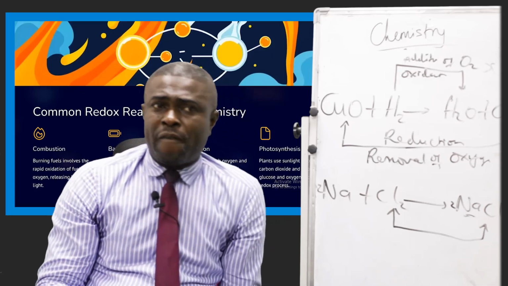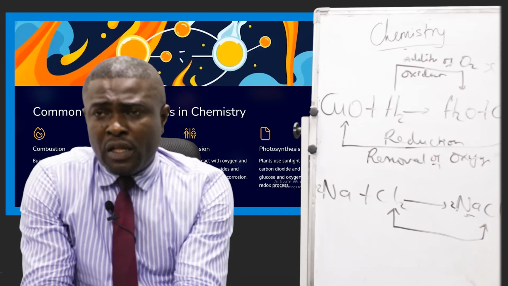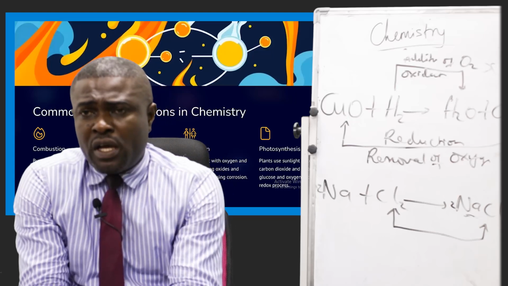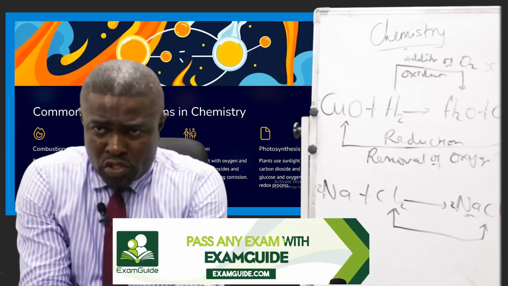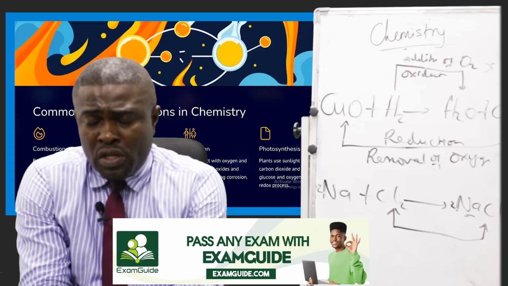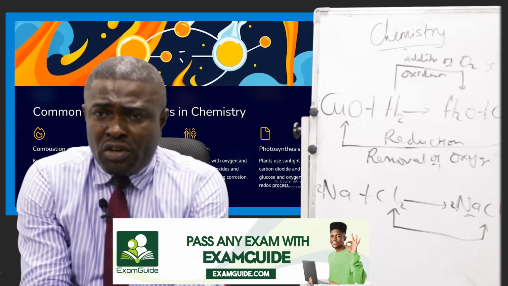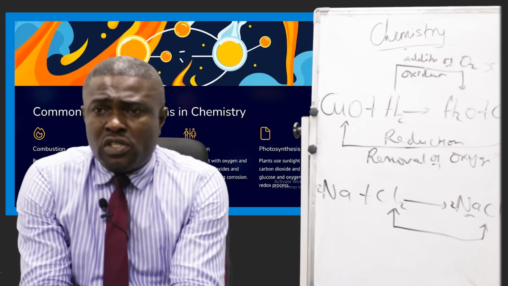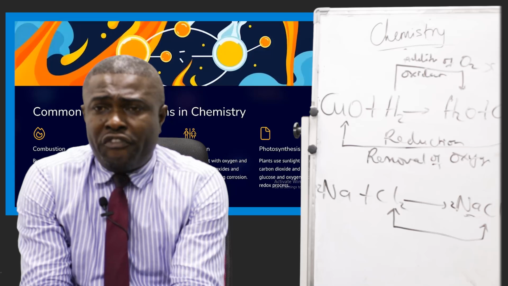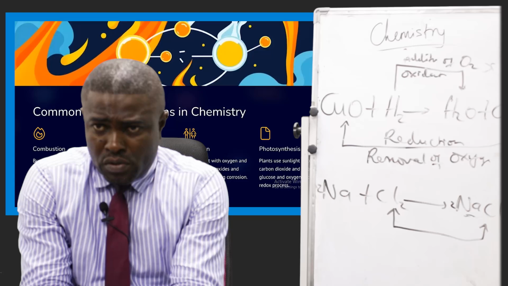At this point, I want to believe that you can explain very well what a redox reaction means: a reaction where oxidation and reduction are taking place at the same time. I also believe you can explain oxidation and reduction using the four to five parameters I have explained to you.